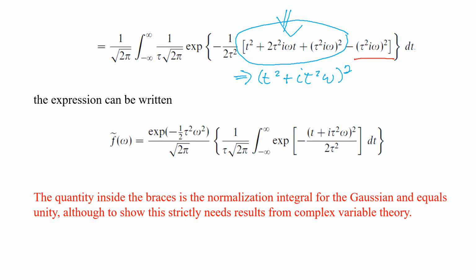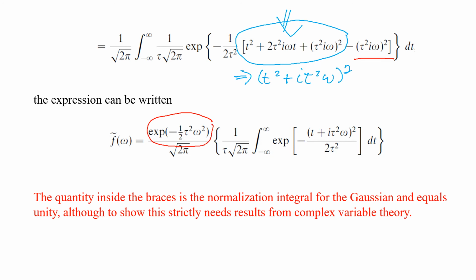negative tau squared i omega squared, which we can just take out of the equation, as this does not contain your t term. So you see this one here.